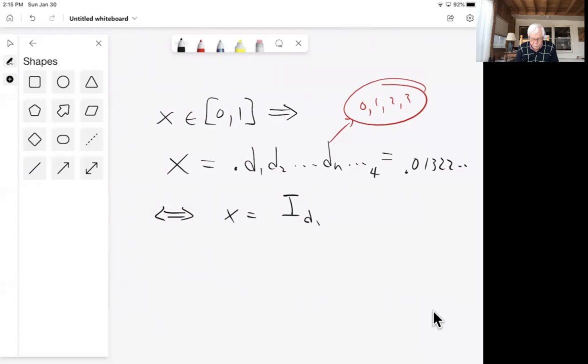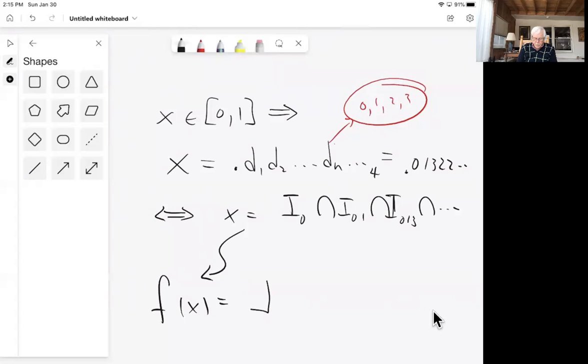So then x is in I0. x is also in I01. x is also in I013, and so on. x is in fact the intersection of these. Their diameter goes to 0. The diameter of each one of these is 1 over 2 to the n. And this allows us to define f of x.